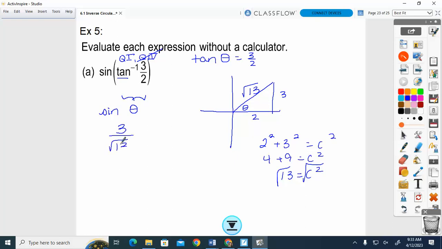So 3 over the square root of 13, or 3 radical 13 over 13. And again, the reason I did that is because my original problem had both a regular trig function and an inverse. Are you guys okay with that?